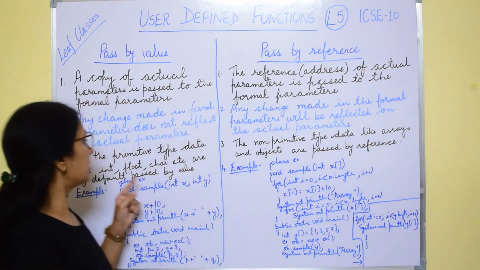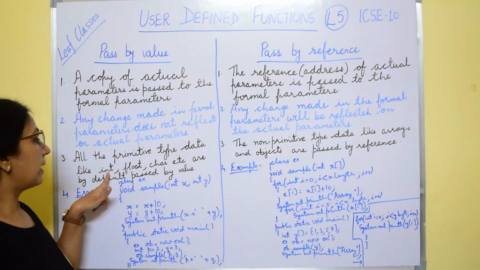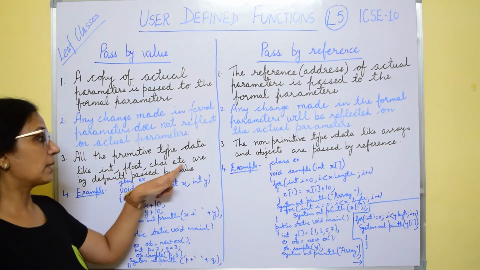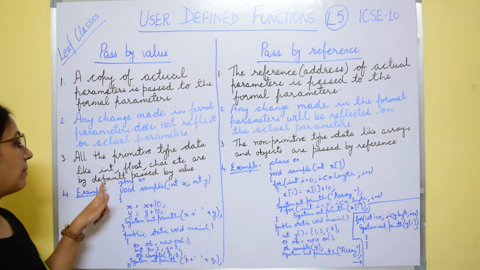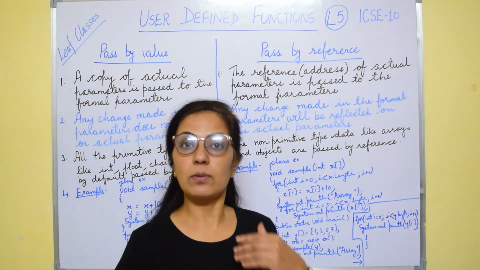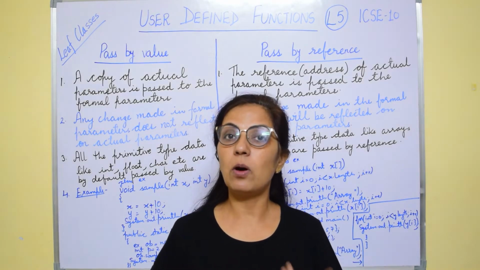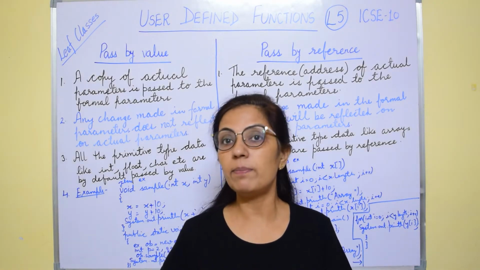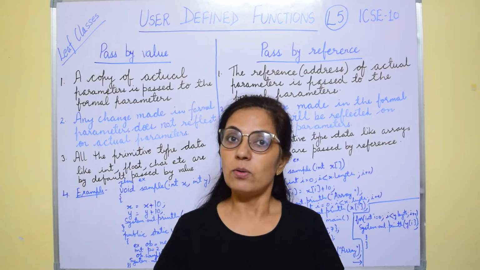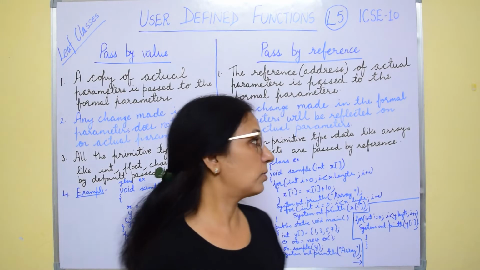The third difference is all the primitive type data like int, float, char, etc. all these by default are passed by value. So if you are calling any function, you are giving one int value or char value, boolean value, any primitive type value, by default it is called by value method, right?